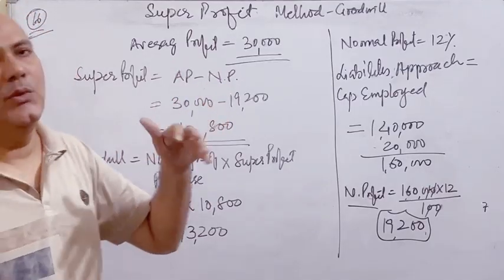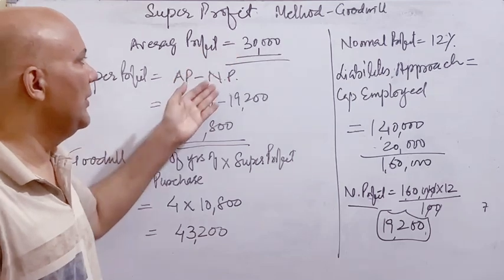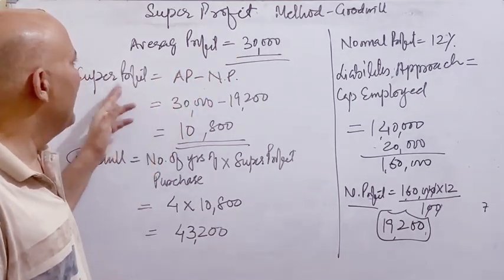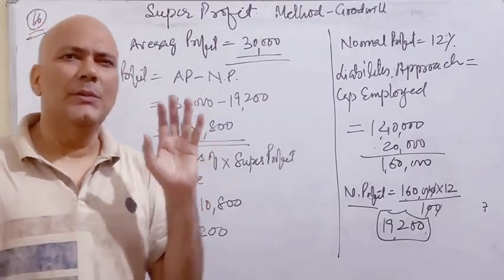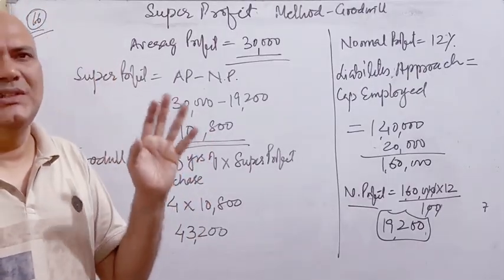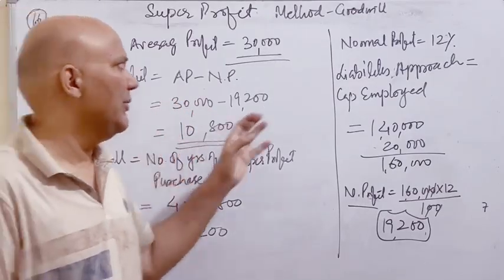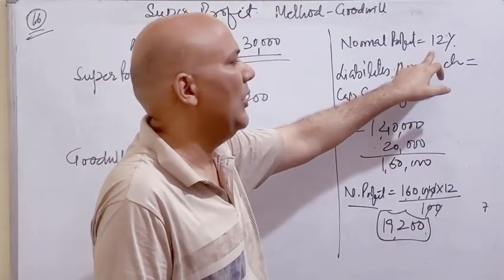Average profit is the profit earned by the firm for which we are calculating the goodwill; it will be given in the question, or we have to calculate it. Normal profit is the profit usually earned by the different firms working in the industry. In this question, normal profit is 12% of the capital employed.